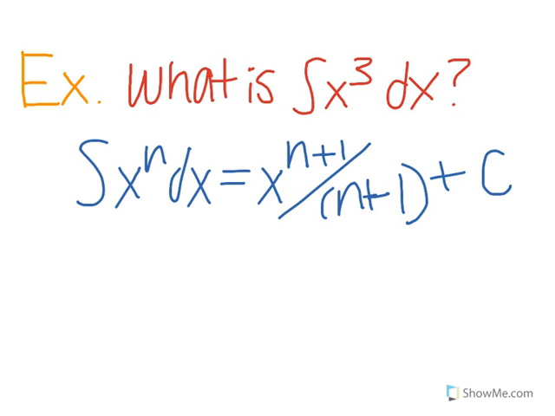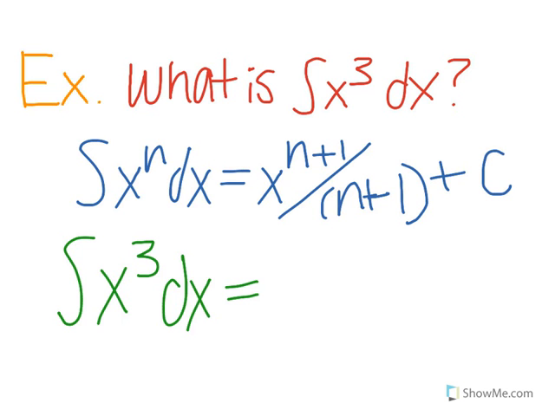Okay, so now let's look at our problem. So we can easily see how it would just turn out to be x to the 4th over 4 plus c. Simple enough? Alright, let's move on to something else.